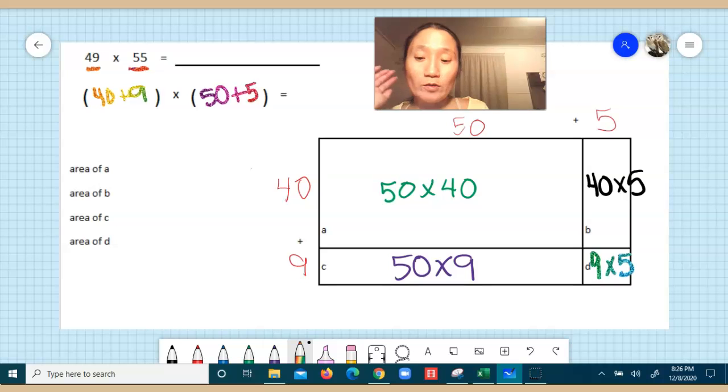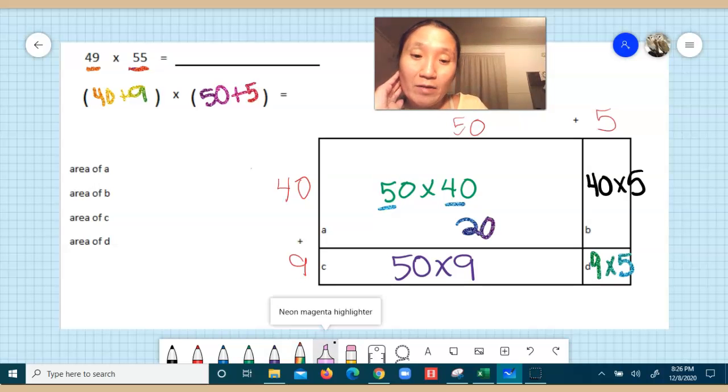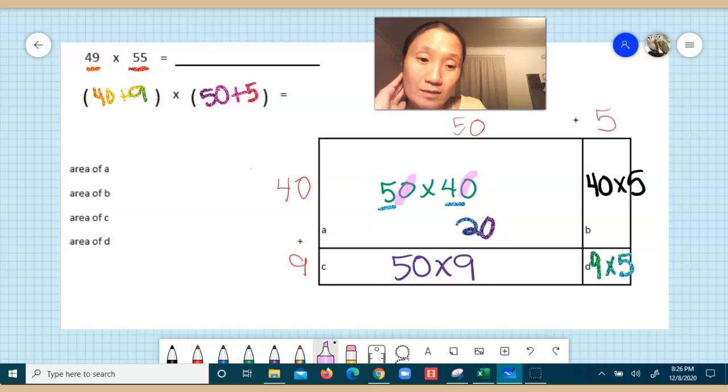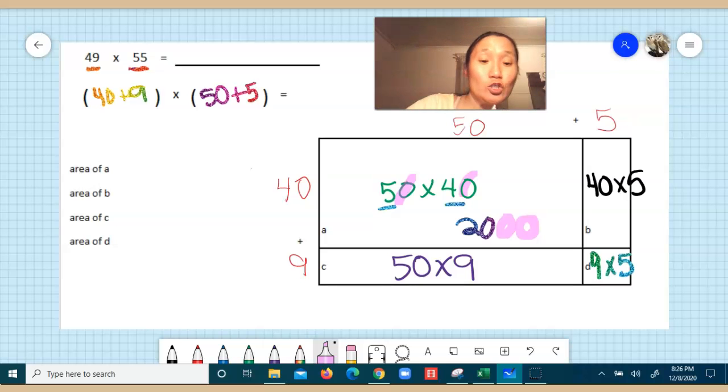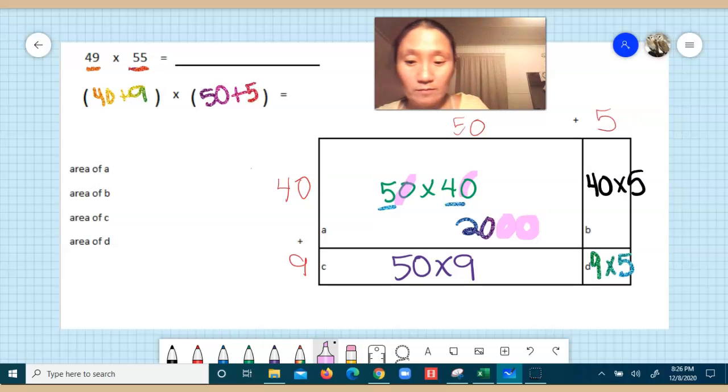So then I'm going to get my answer. So 5 times 4 equals 20. Then I need to add my 2 zeros, 0, 0. So then I have 2 zeros, 1, 2. So that's going to be 2,000.